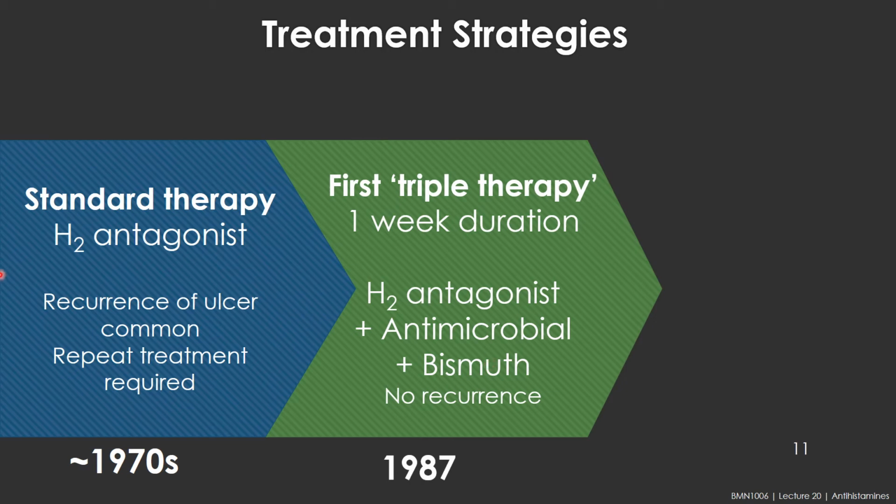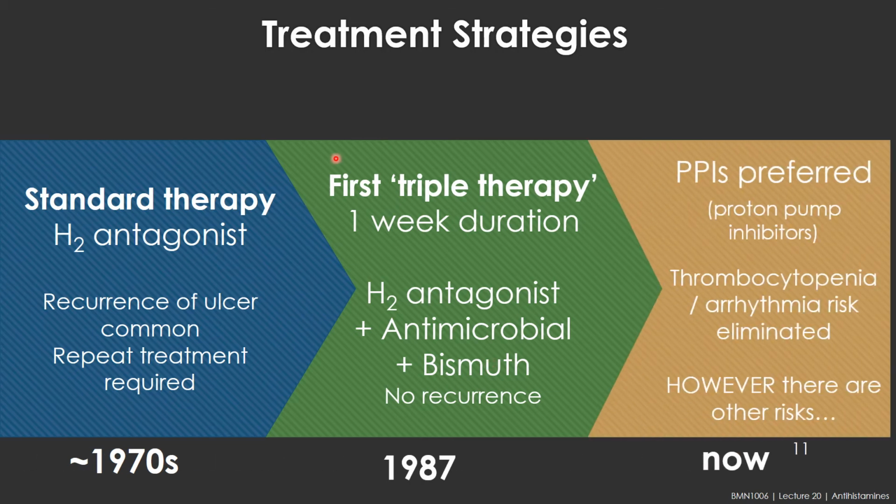But today, we are using PPIs, which stand for proton pump inhibitors. They will reduce gastric acid production. That's because H2 antagonists have many side effects such as thrombocytopenia, or a low platelet count, and arrhythmia, which means irregular heartbeat. But the use of PPIs is not without drawbacks, since you have other side effects as well.